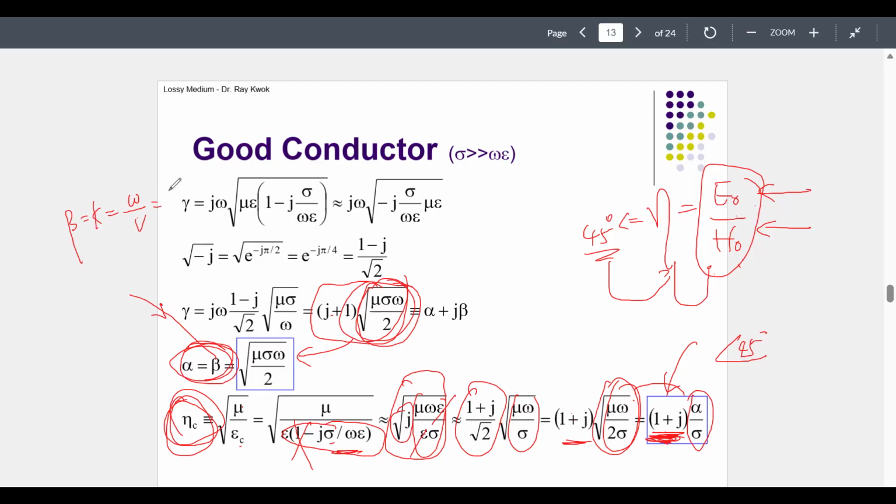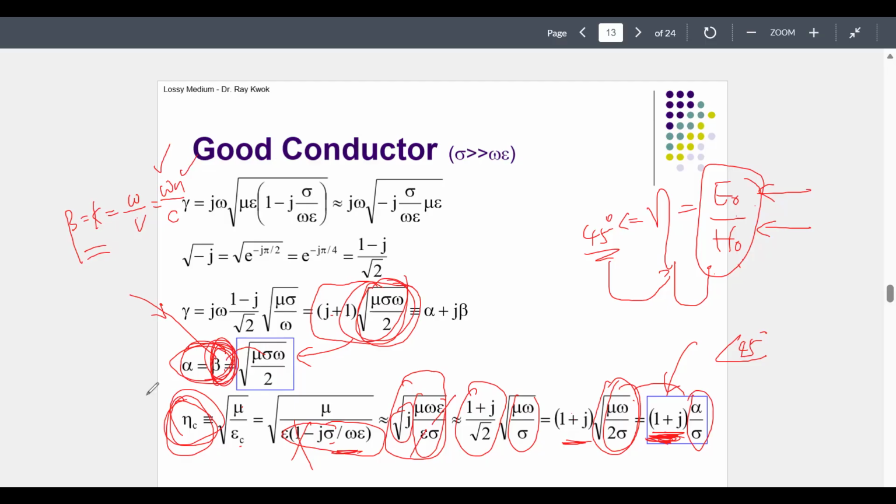And the velocity is c over n. So if the frequency is given, the material is given, beta is given. It's not up to us. But now we say, no, wait a minute, beta is a different number. It's oscillating at a different wavelength, I should say, not frequency.